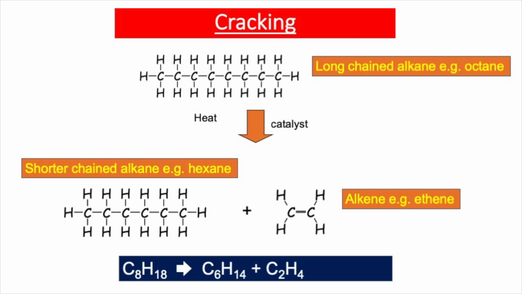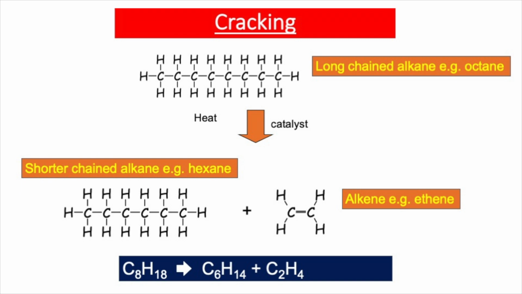So this slide shows what happens during cracking. On the slide we have octane, which is a long hydrocarbon molecule. It's got 8 carbons in, and it's got 18 hydrogens. And if I heat this up to a high temperature and have a catalyst, this will split up into a shorter chained alkane, in this case hexane, and an alkene.